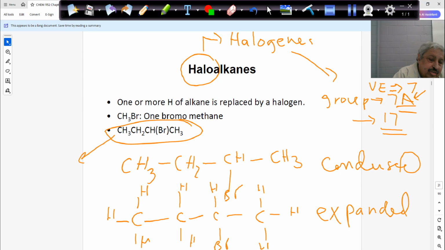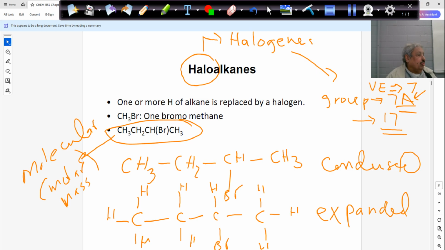and this is just a molecular formula. This is mostly for molar mass. We use it to calculate the number of atoms, atomic masses, to get the molar mass. Correct? So we always have 3 types of structure for the molecule.